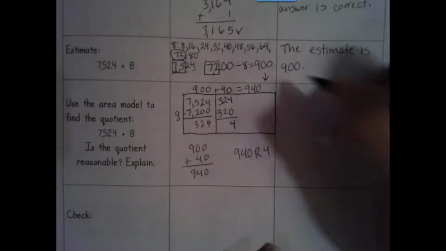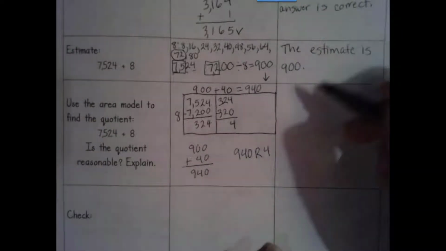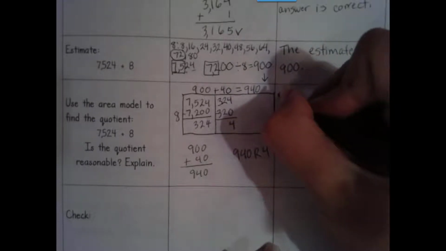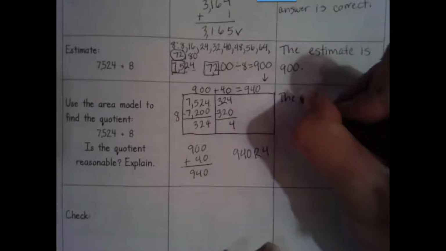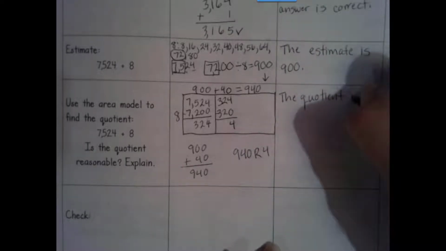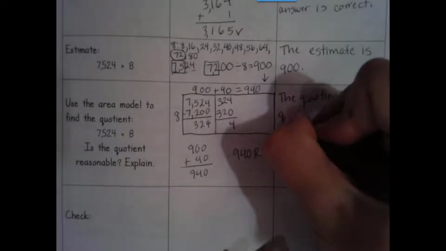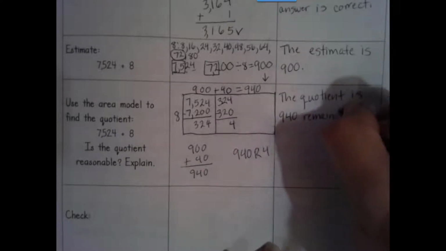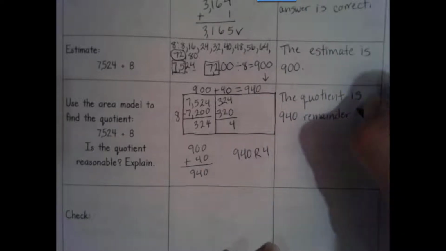Is that close to 900? Yep, and I knew 900 would be low, so that is very close. The quotient is 940, remainder 4.